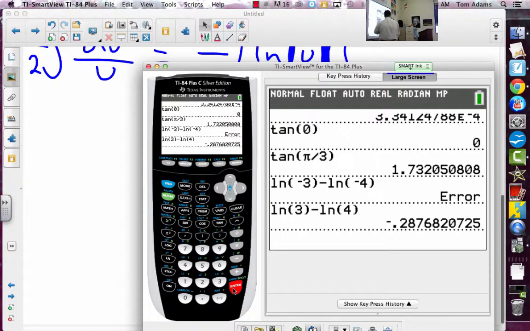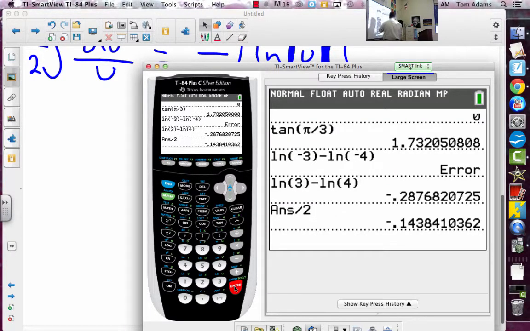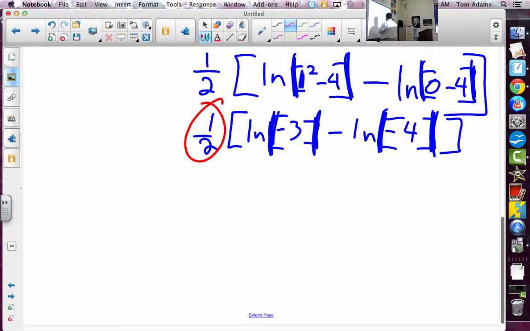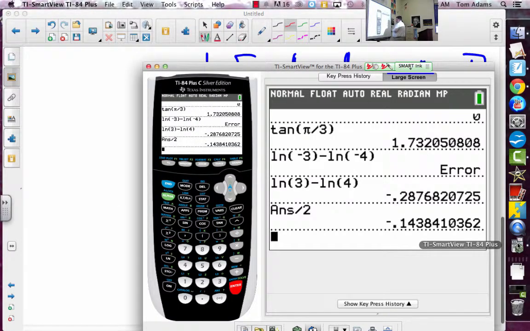Now we'll get an answer, which is negative 0.287. Now we have to divide that by 2, because we've got to multiply by 1/2. So we get this negative 0.143 business.